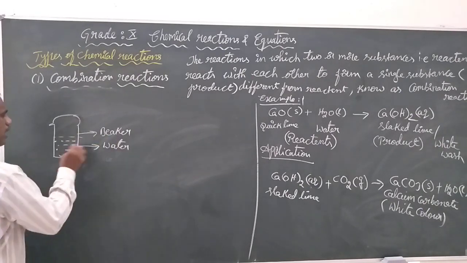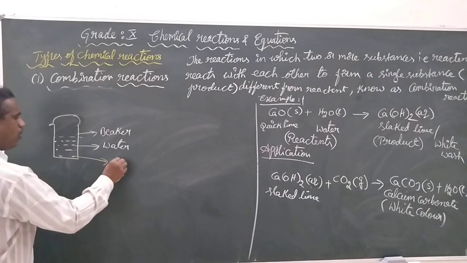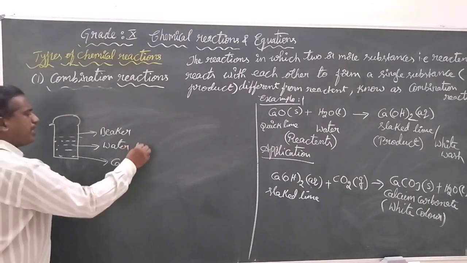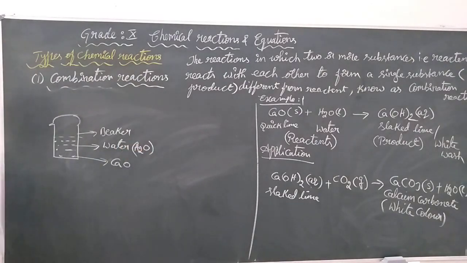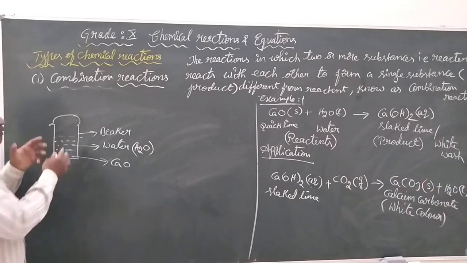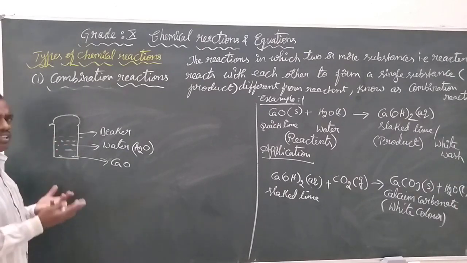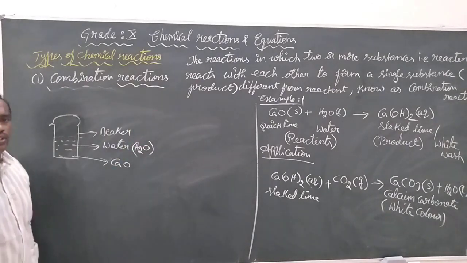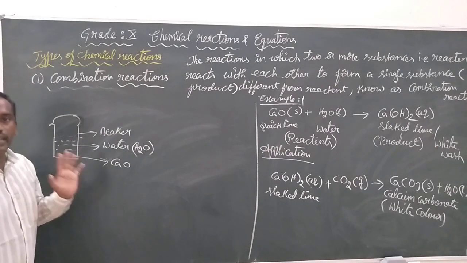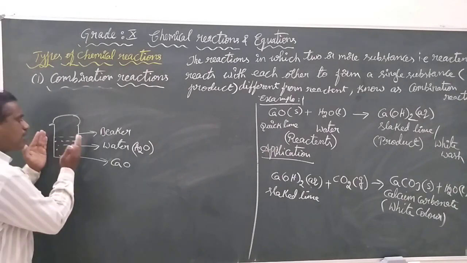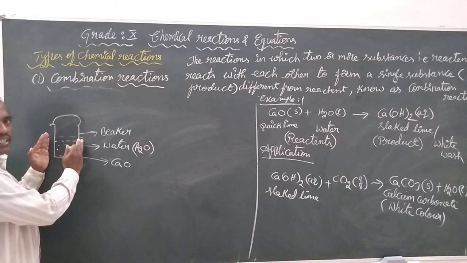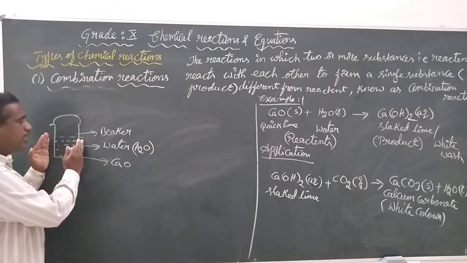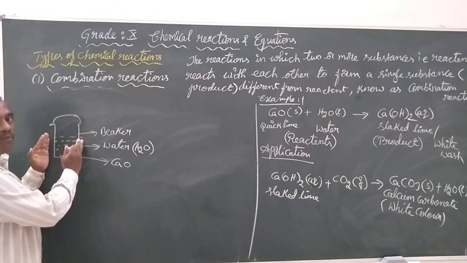Into this water, I am adding some amount of calcium oxide. The formula of water is H2O. When we do this reaction, we can clearly observe that when both are combined, they give calcium hydroxide, that is slaked lime. But you must touch the walls of the container and observe what type of heat it is giving or whether it is absorbing.